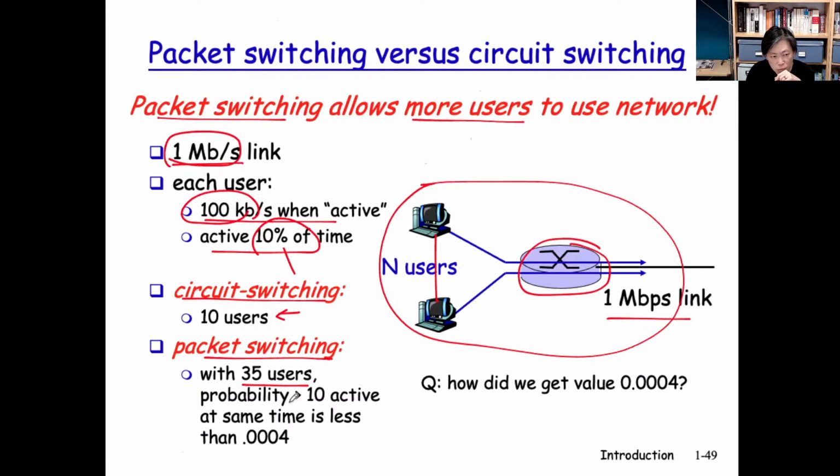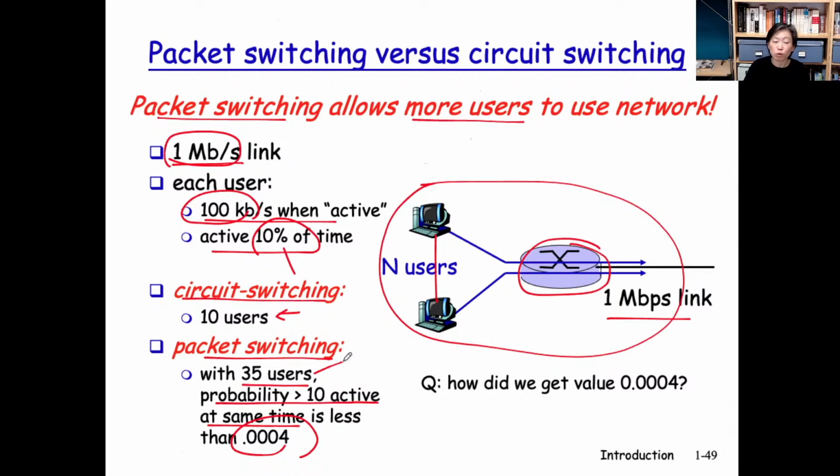So what is the probability of these 35 users having more than 10 of them active at the same time? If you do the calculation, you'll see that it's very low. So 99.9996% of the time, in a packet switch network, 35 users will do well. No trouble.